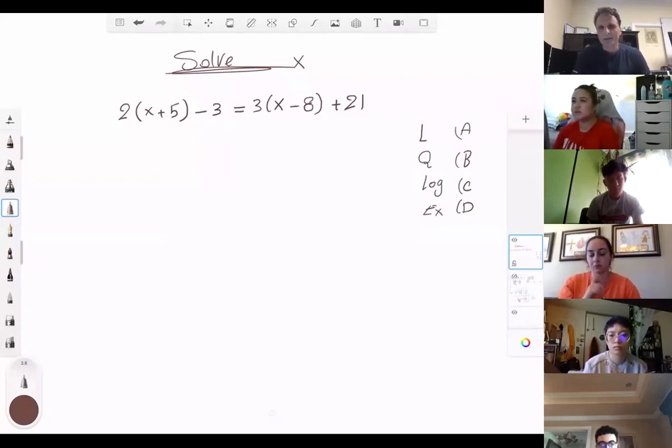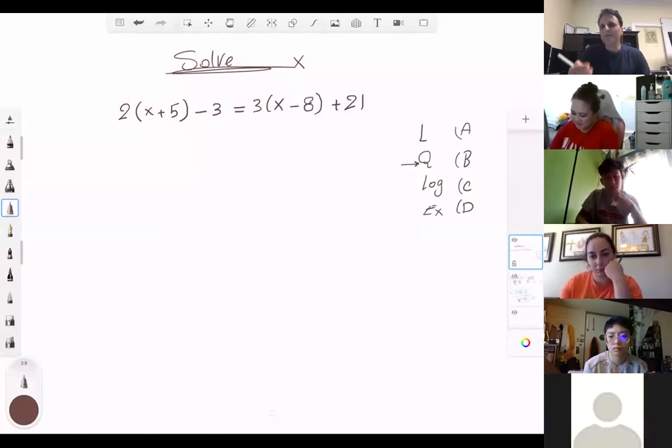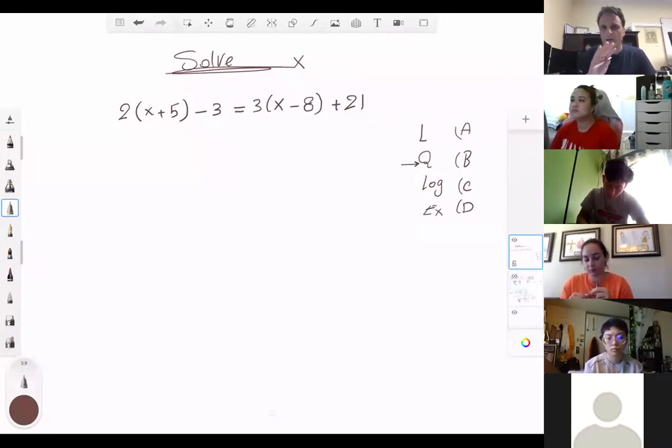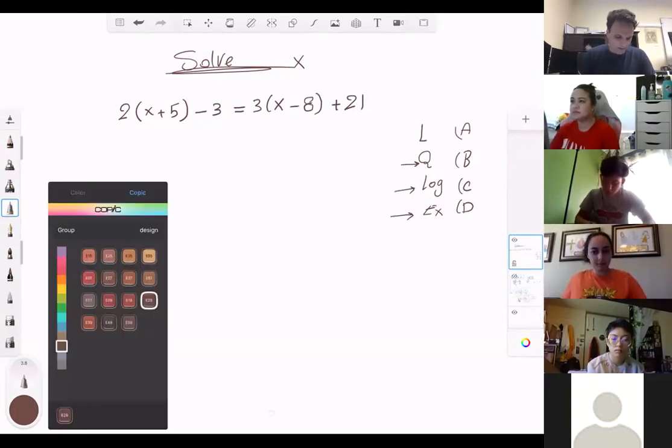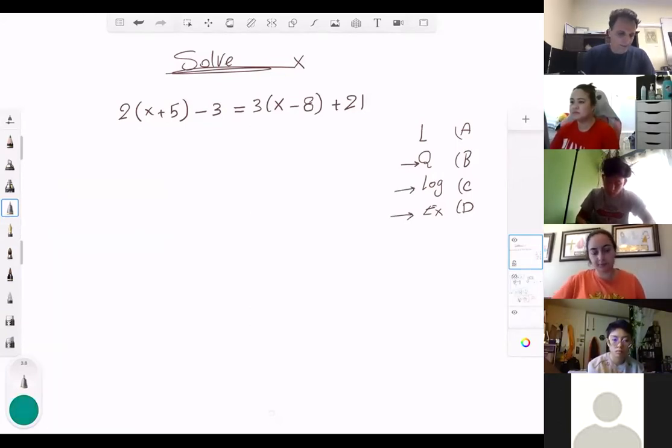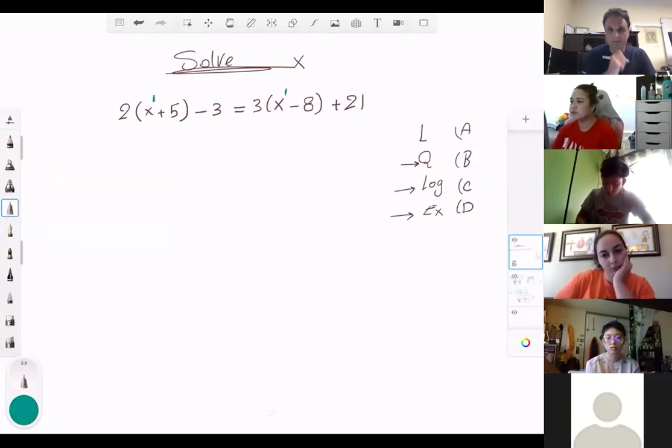Very good. For quadratic, we will learn one chapter about quadratic. You already know quadratic equations and the formula from algebra, but in pre-calculus, one chapter is about quadratic. So it's not quadratic because it doesn't have a degree 2. You don't see any log, you don't see any exponential. It will be linear. Why did we pick linear? Because of the exponent 1 here. How do we solve linear?